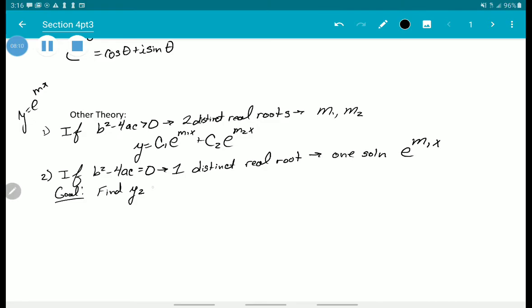So remember what the reduction of order says? I'm just going to use that formula that we talked about. This is how we would find that y2 value, and that's what we're looking for here.